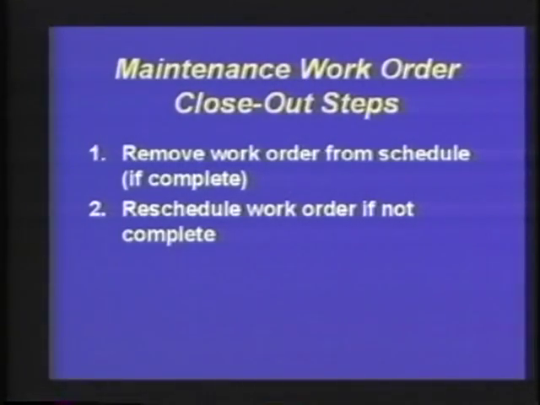If the PM work order was not completed as indicated in step 2, then we're going to have to reschedule the order. You may find that a person is going to go to the job site and for some strange reason the equipment is not available. Let's not waste our time. Get that order back into the planning and scheduling environment and let's reschedule it.